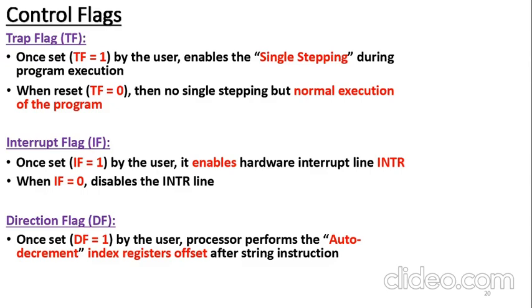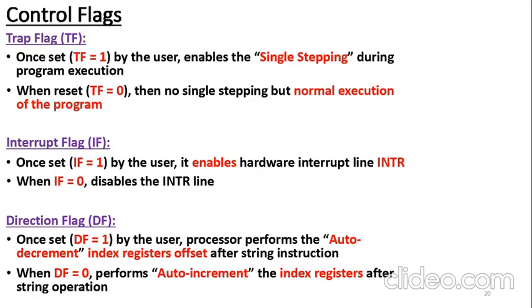It means that during string instructions, the direction flag will be used. On the other hand, if the direction flag is 0, reset by the user, then the processor will perform auto increment operation for the involved index register after string operations.